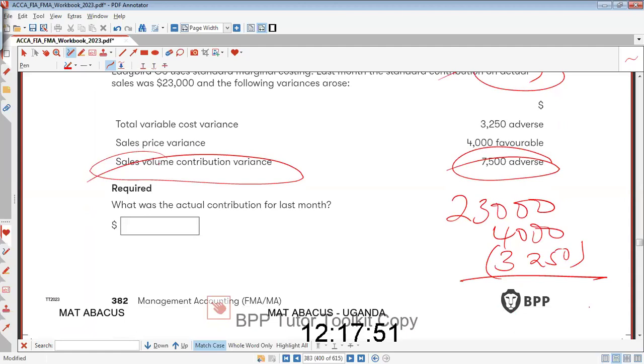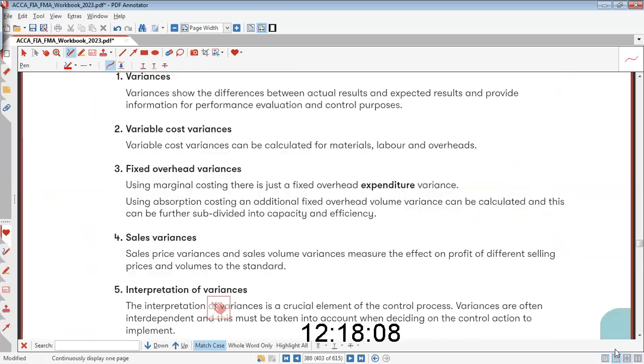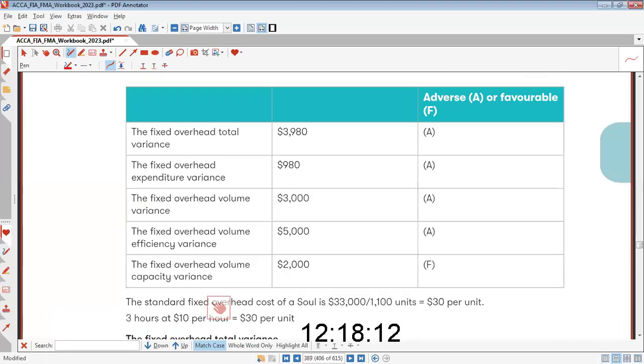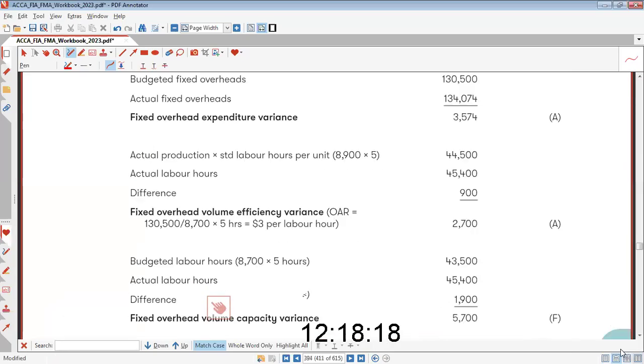The answer becomes 20. So when you don't practice, they will look easy here, but in a month they will look like they're written in Greek. Any questions? So that concludes variance analysis.